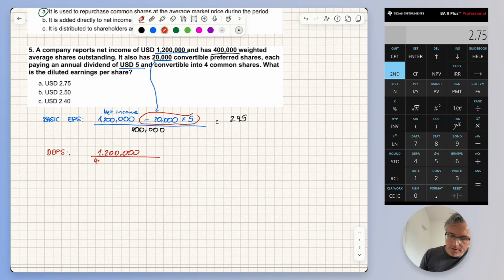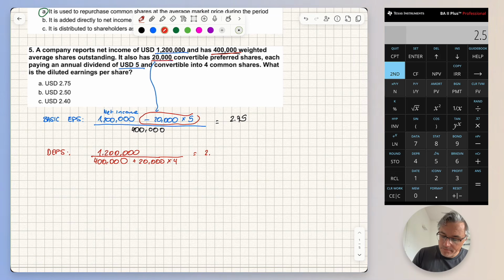So it's going to be the previous 400,000 shares, but now increased because these 20,000 convertible instruments, each one of those converts into 4 ordinary shares. So we effectively have 1,200,000 of income to be distributed among 480,000 shares.